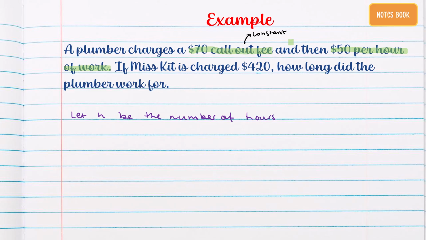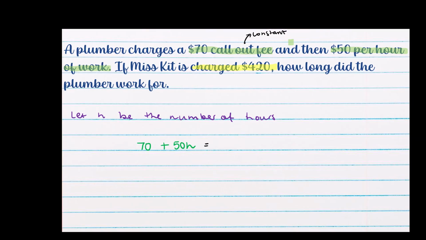So from that $70 call-out fee and $50 per hour, I currently have 70 plus 50H on that left-hand side, okay? The second bit of information we're given is that I was charged $420, okay? So that means I've got 70 plus 50H is equal to 420, all right?